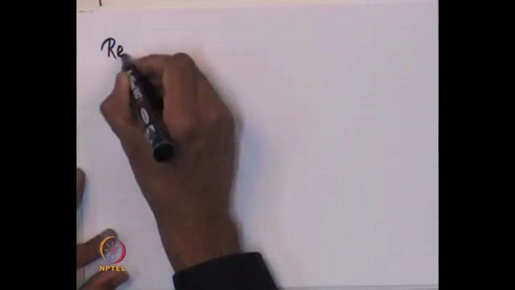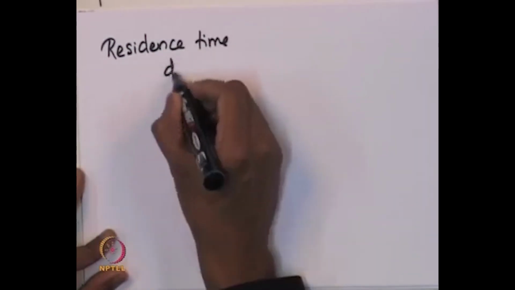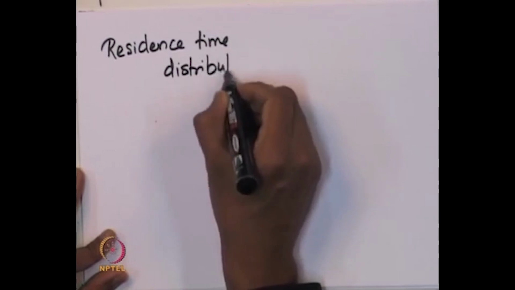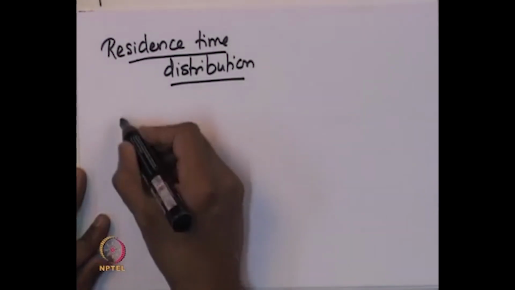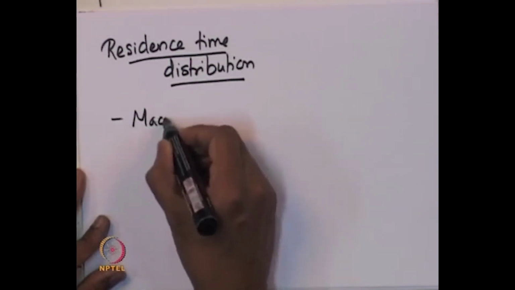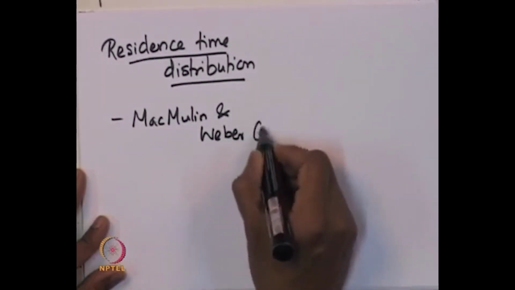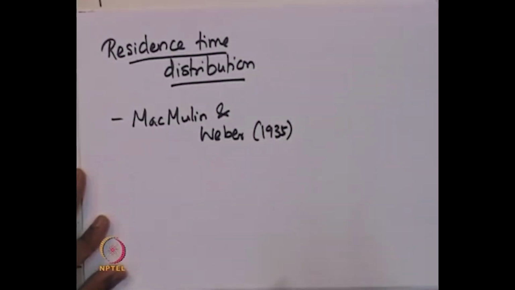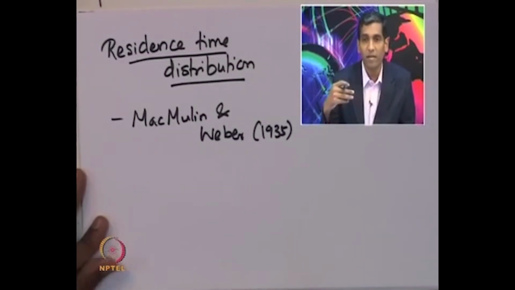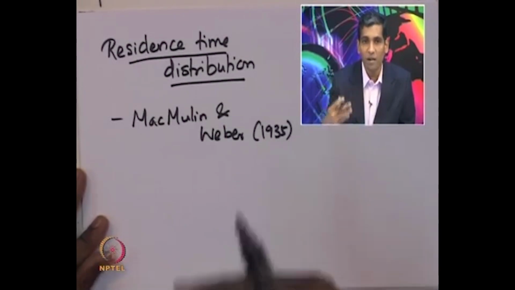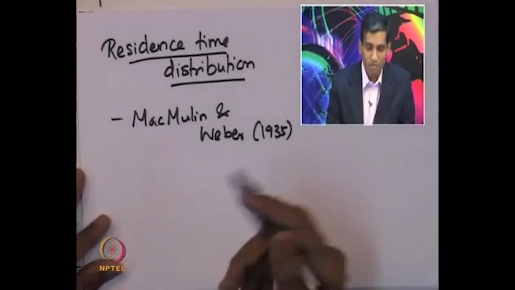The residence time distribution was actually originally proposed by McMullen and Weber in 1935. However, it was actually ignored for nearly 2 decades, and later Danckwerts came and actually gave a special structure to the residence time distribution and defined various types of possible distributions.